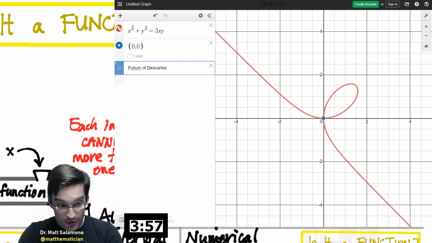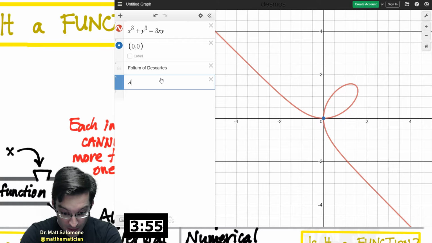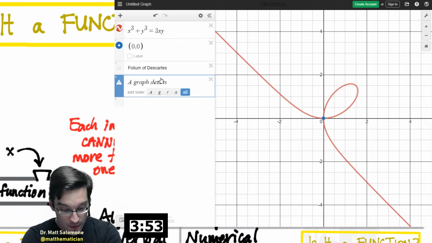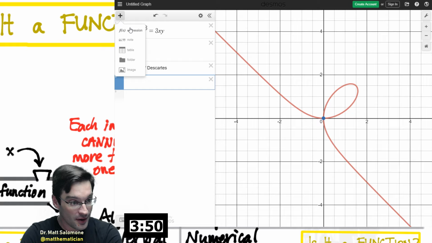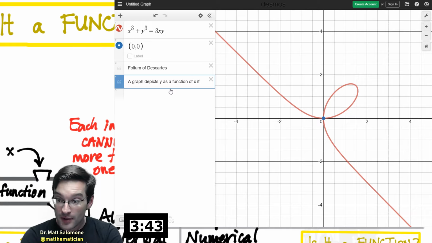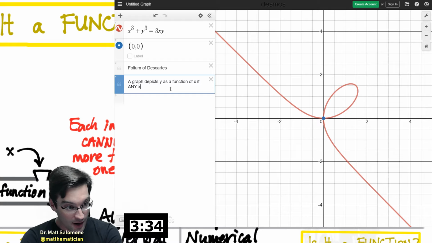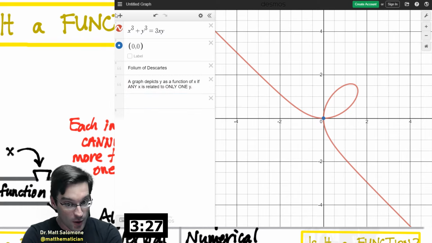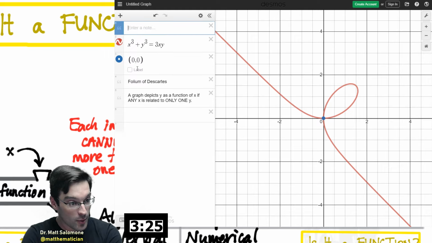A graph of an equation depicts y as a function of x if, and here I'm just going to repeat the definition of function that we just finished talking about, if any x is related to only one y. In other words, let's go back to that negative framing we had a moment ago.